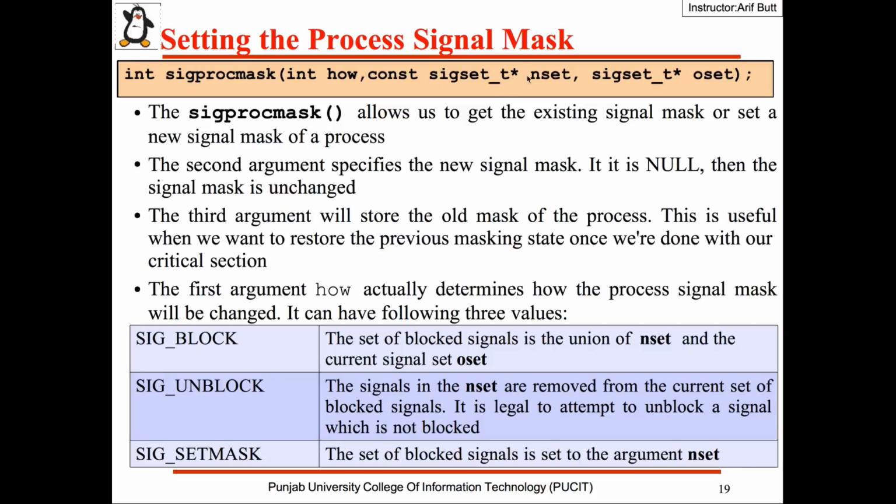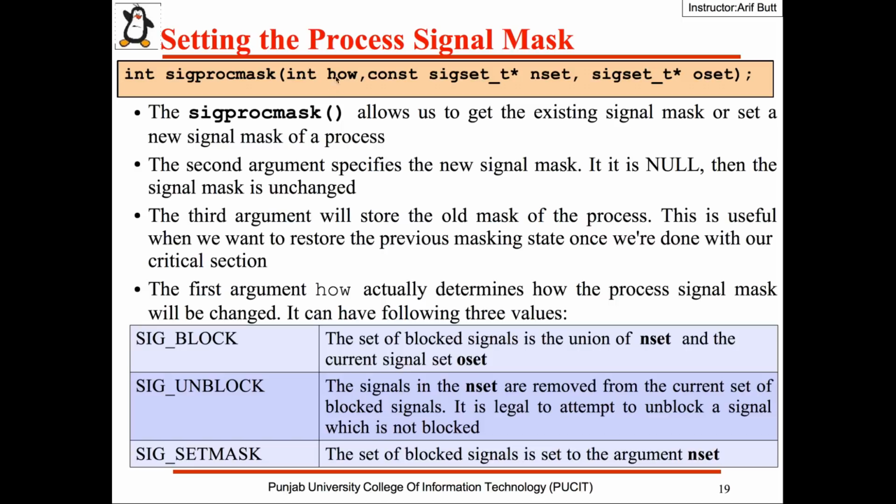The second argument specifies the new signal mask, and if this is null, that means you are not interested to change the signal mask. This is the third argument. This will store the old mask of the process. This may be useful when you want to restore the previous masking state once you are done executing your critical section or some handler code.